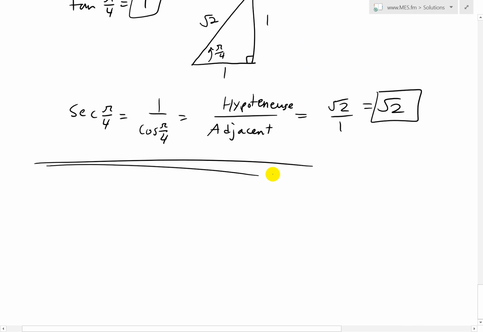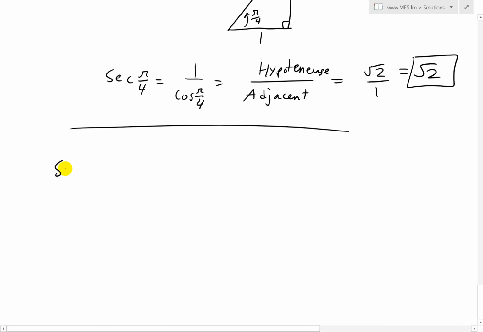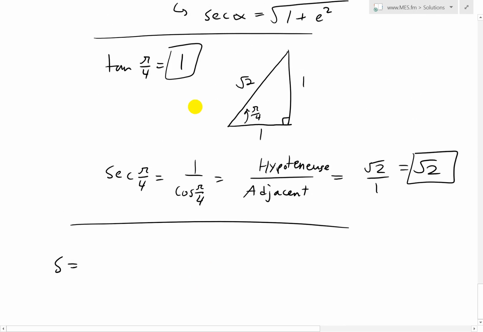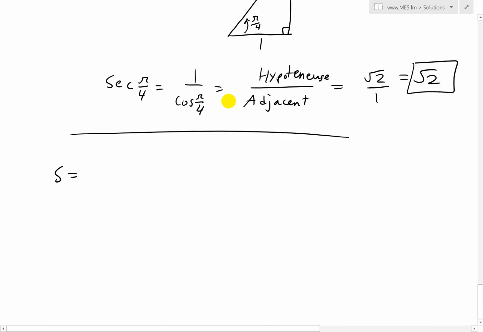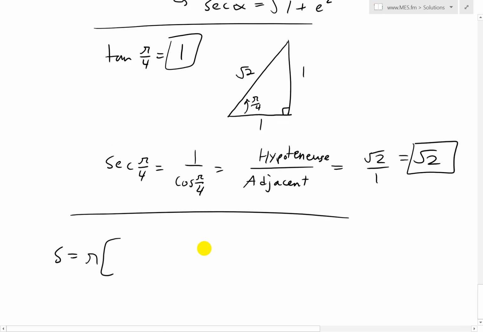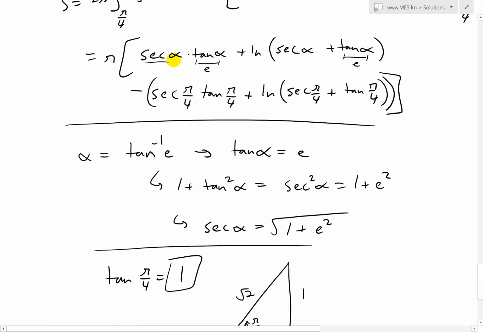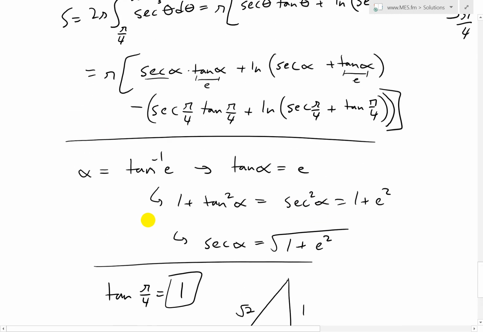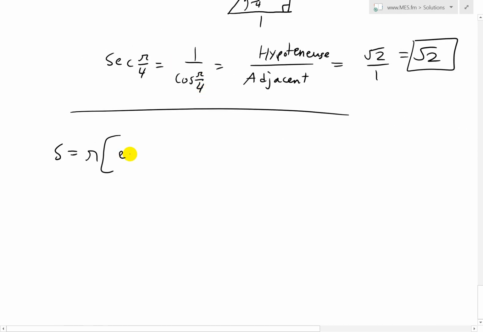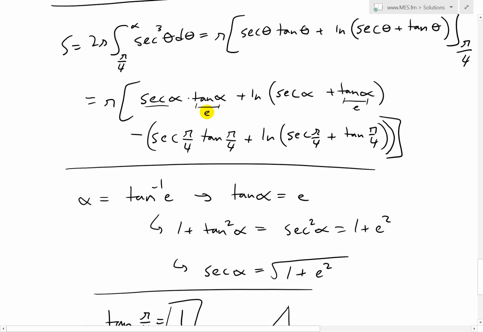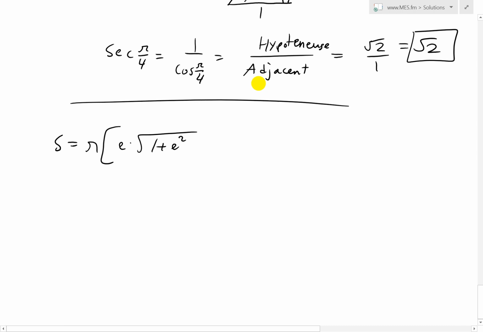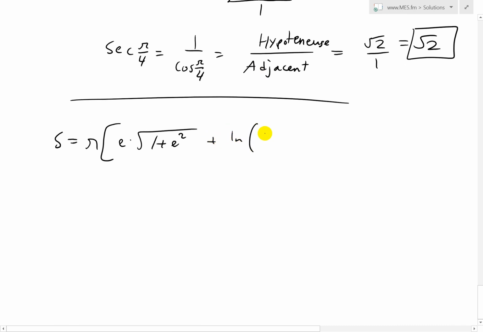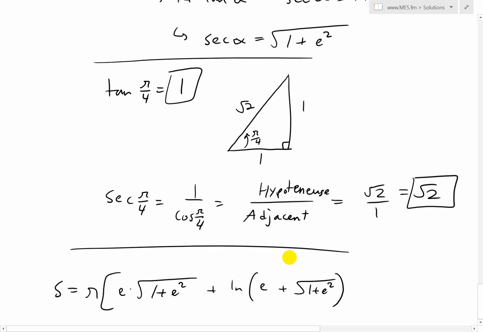Now we have s equals, let's scroll up, we have this pi times secant alpha, which is this value right here, so we get, and I'll put the e in front, e times square root of 1 plus e squared, and that's because we have this one right here, and then we have ln of, and I'll put the e in front as well, plus ln of e plus square root of 1 plus e squared, like that.